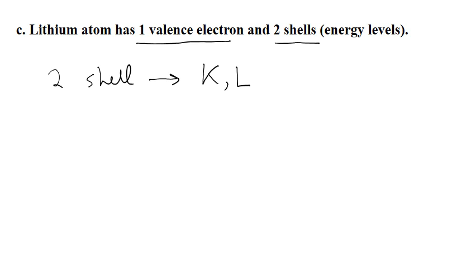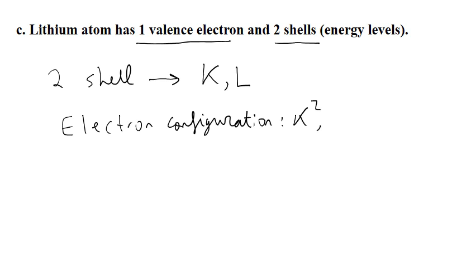So what about the other part, 1 valence electron? Column 1. So what is the electron configuration? K2, L1. So 1 is the valence electron. Good.